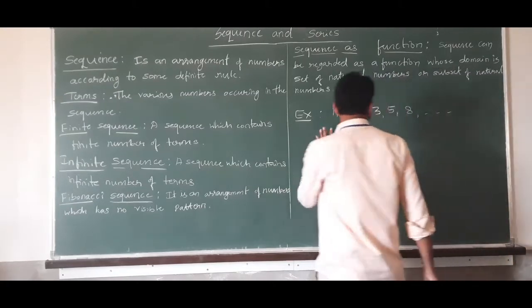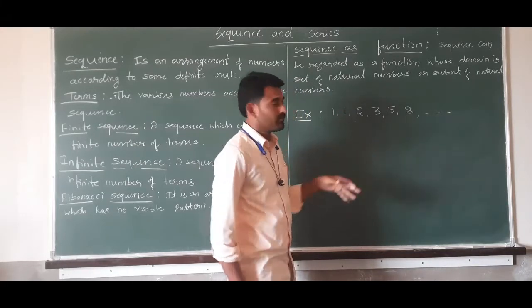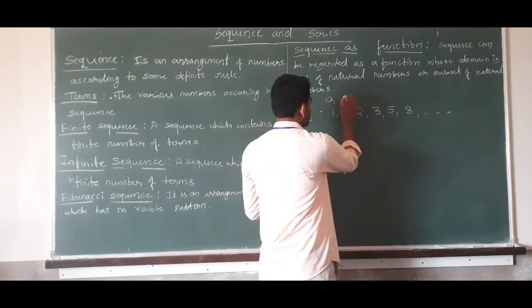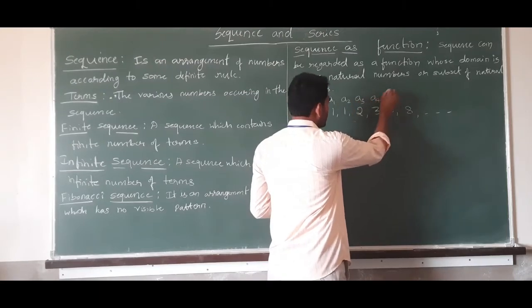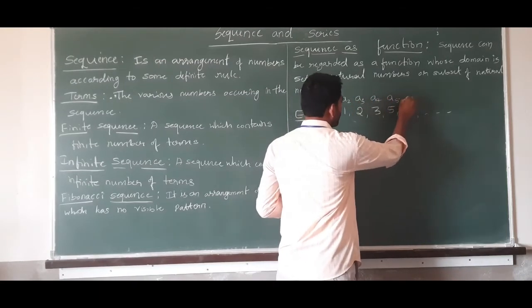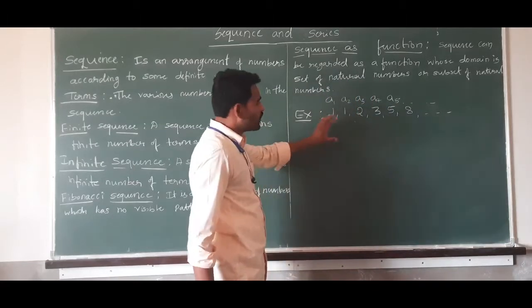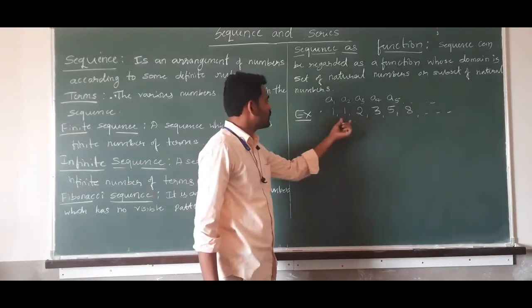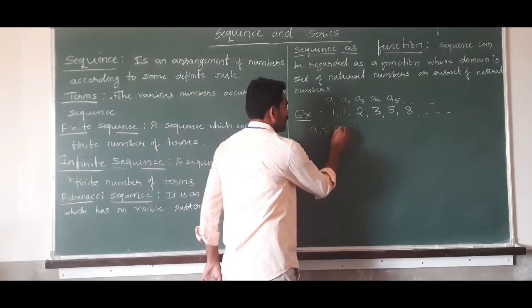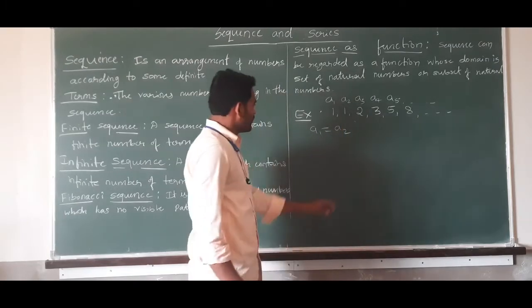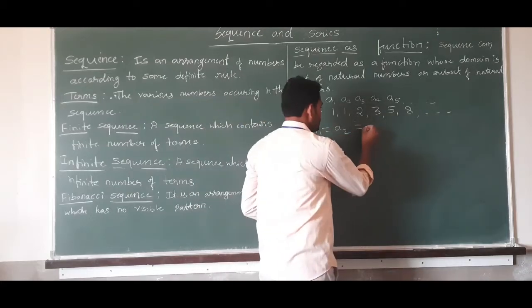Here in the Fibonacci sequence, the first and second terms are the same. This is the term a1, this is a2, this is a3, this is a4, this is a5 and so on. In the Fibonacci sequence, the first two terms are the same, that is 1.